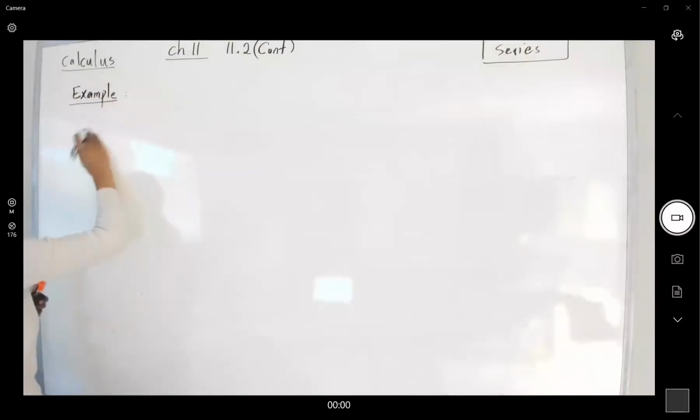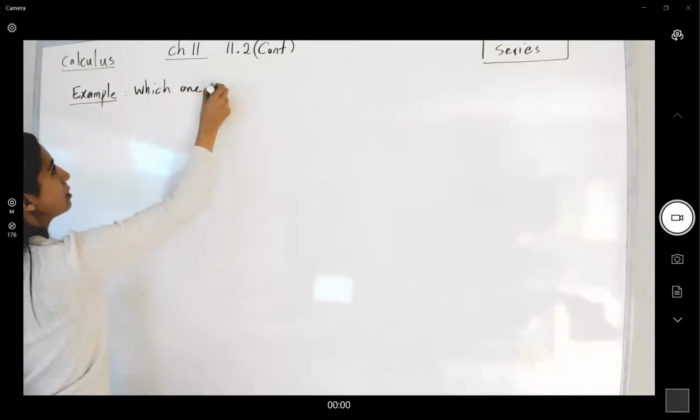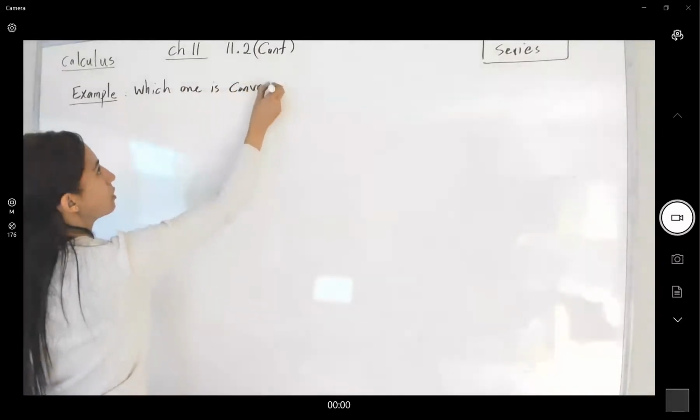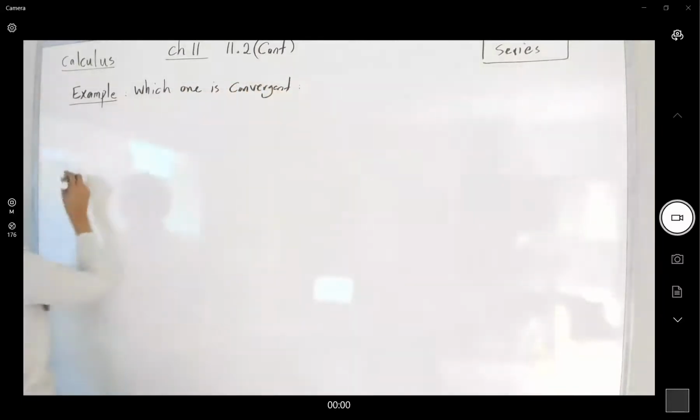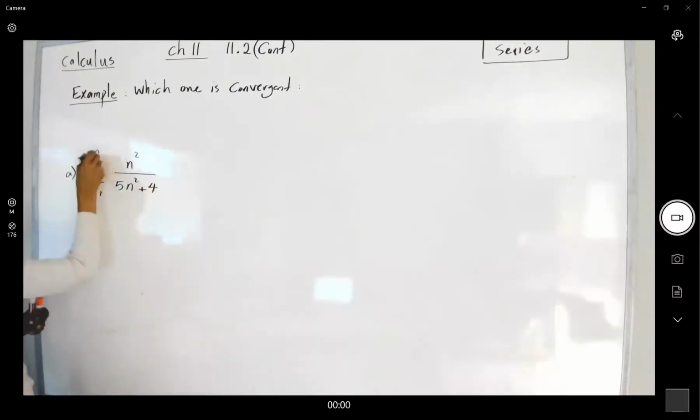First example says, which one is convergent? The first one is the series n squared divided by 5n squared plus 4, n starts from 1, goes to infinity.